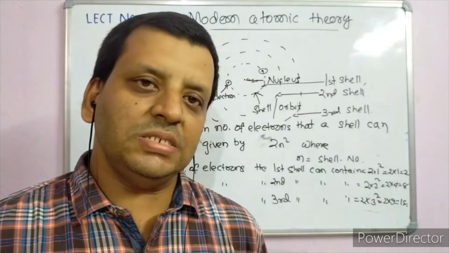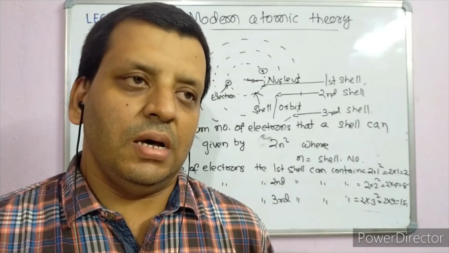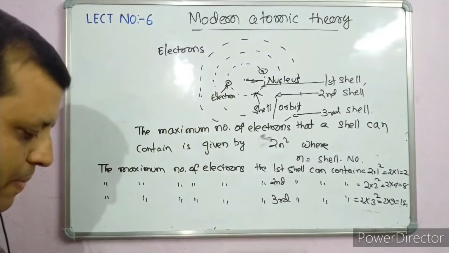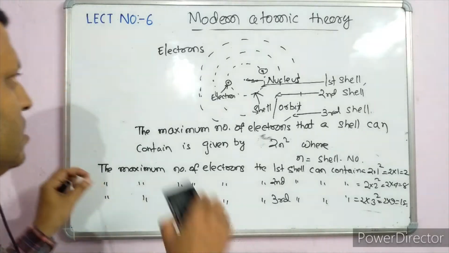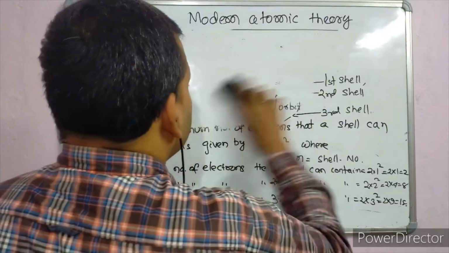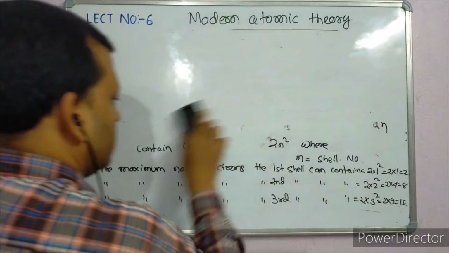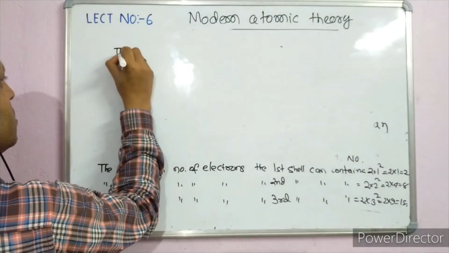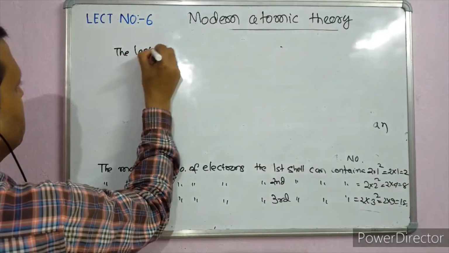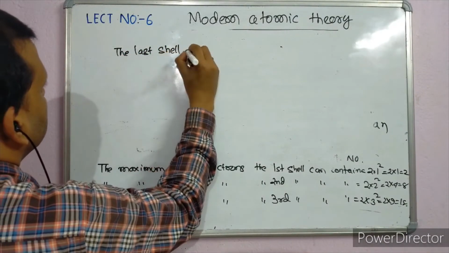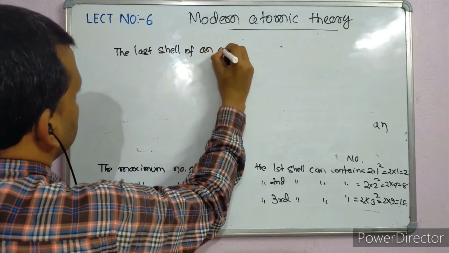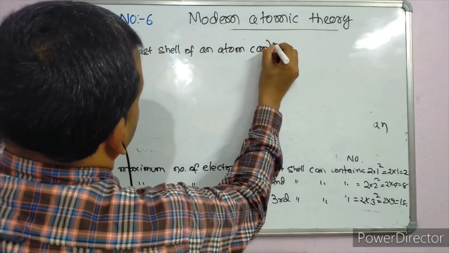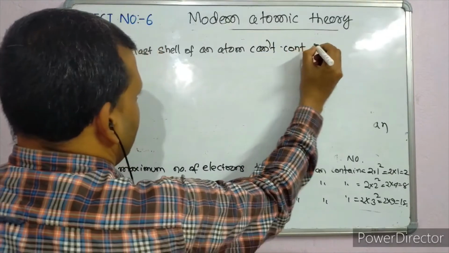But there are certain limitations to this theory: the last shell of an atom cannot contain more than 8 electrons.